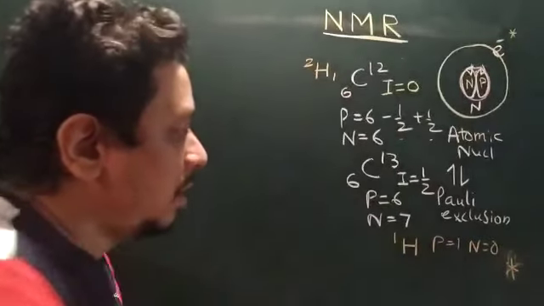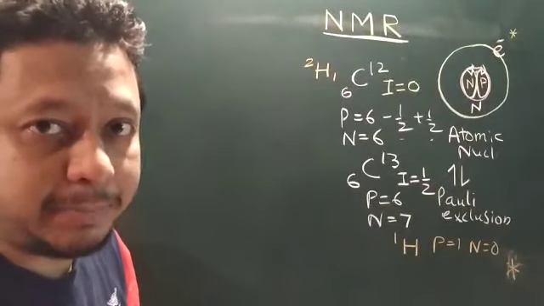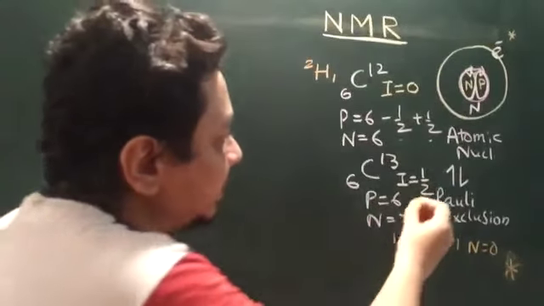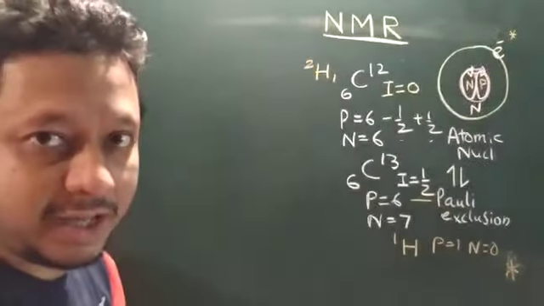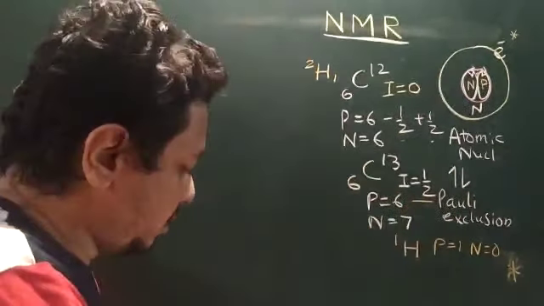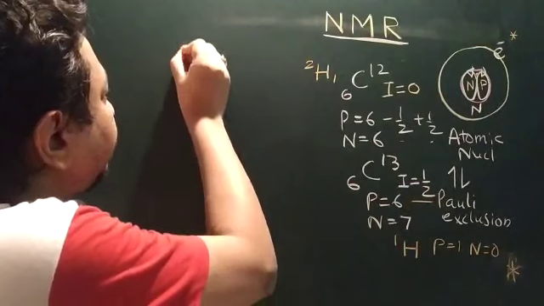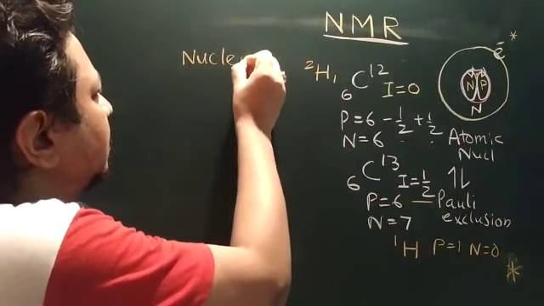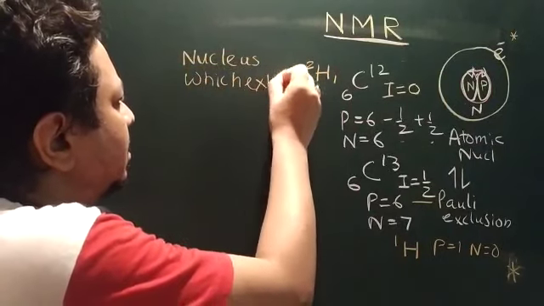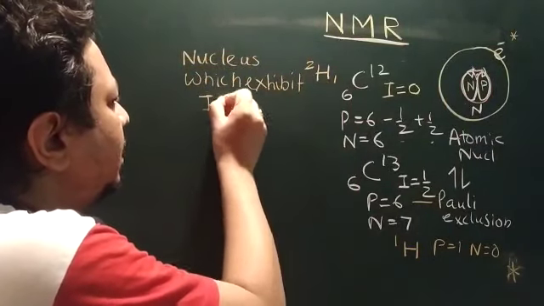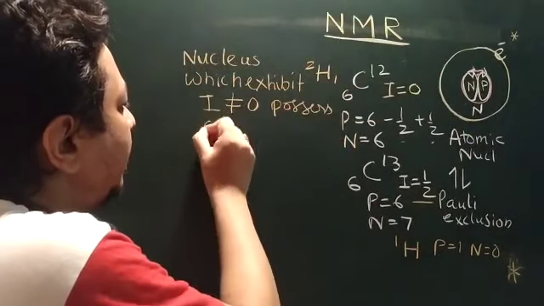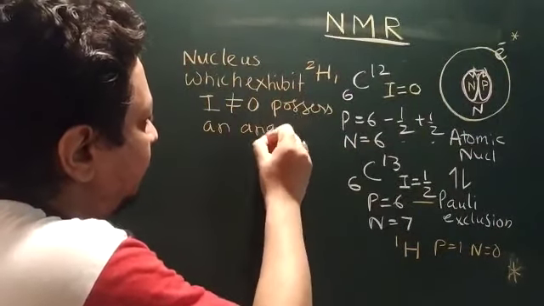So one proton can exhibit a spin. That's why this nucleus and this nucleus always have a spin quantum number of half, that is, not equal to 0. A nucleus which exhibits a spin quantum number not equal to 0 possesses an angular momentum.